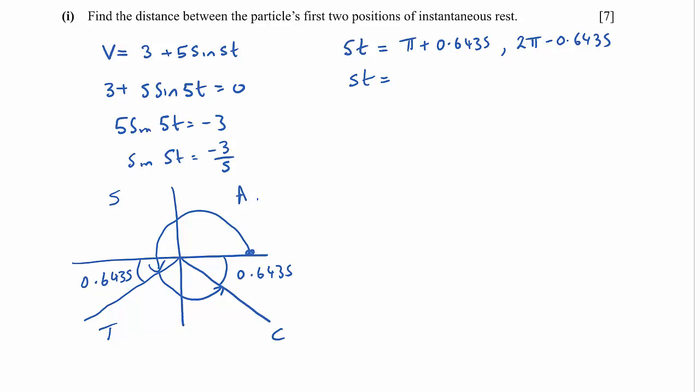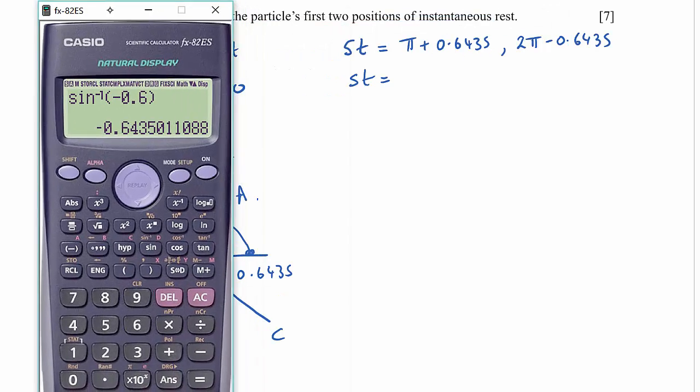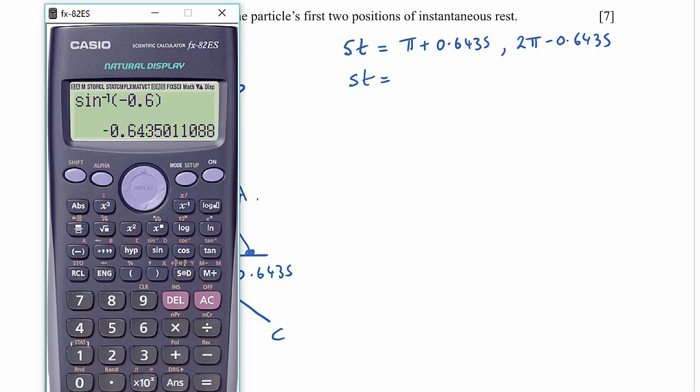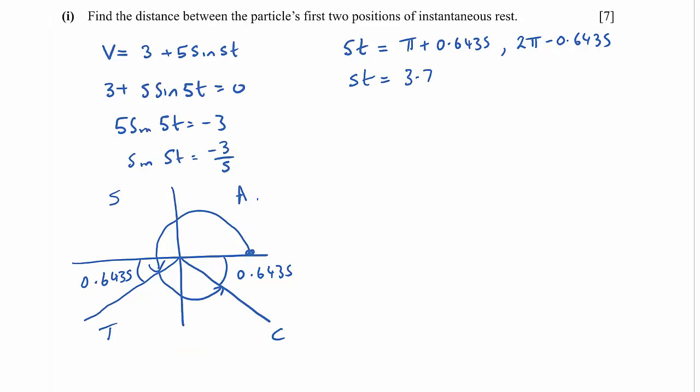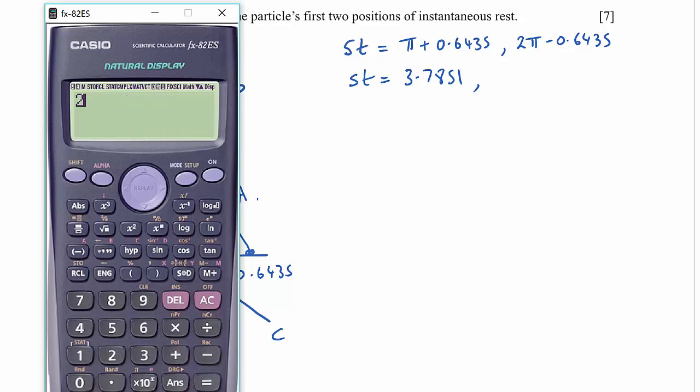So let's just calculate those. We've got pi add 0.6435, 3.7851, and then we have 2 pi take away 0.6435, 5.6397.